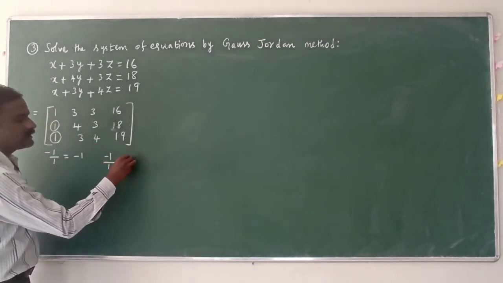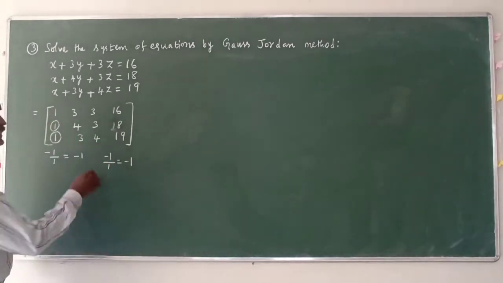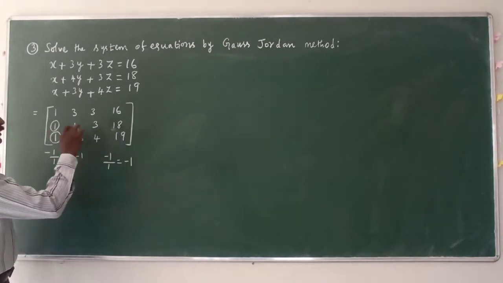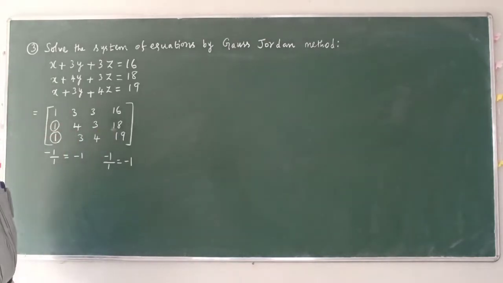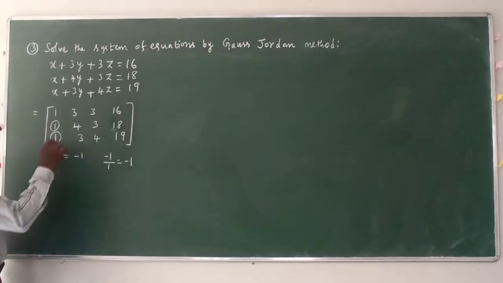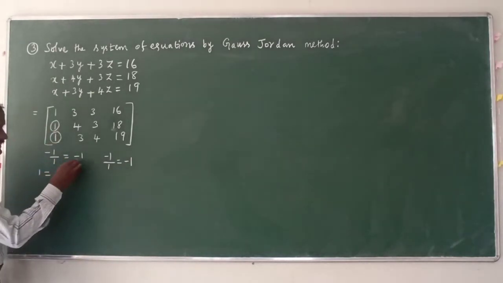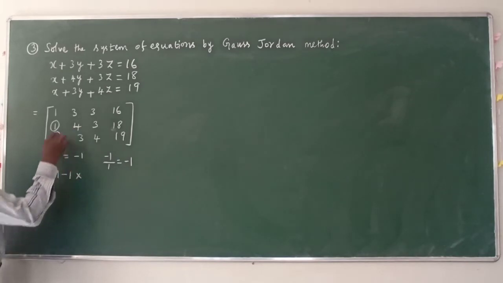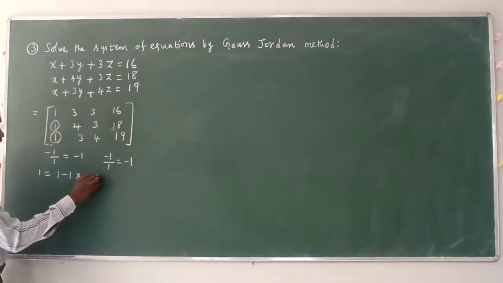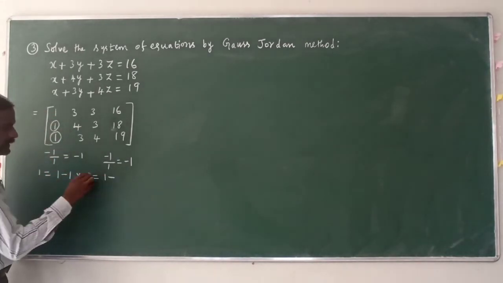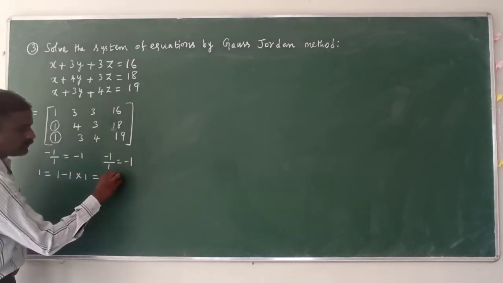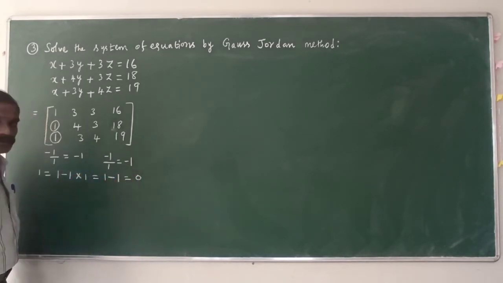For the first column, 1 minus 1 times 1 equal to 0.